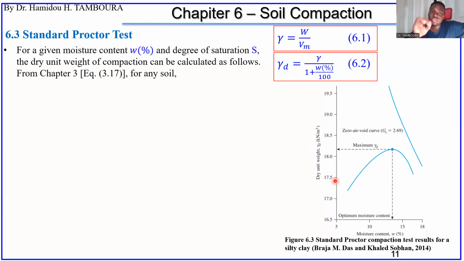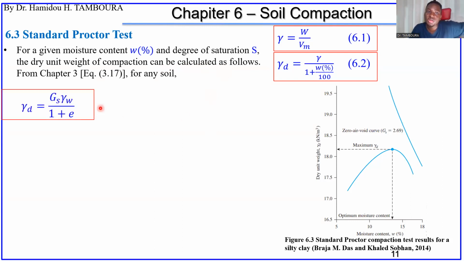Now we will talk about this part of the curve, because so far we didn't talk about it. For a given water content and degree of saturation S, the dry unit weight of compaction can be calculated by using this formula.